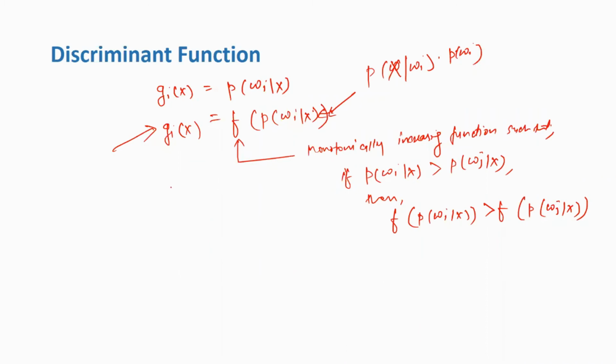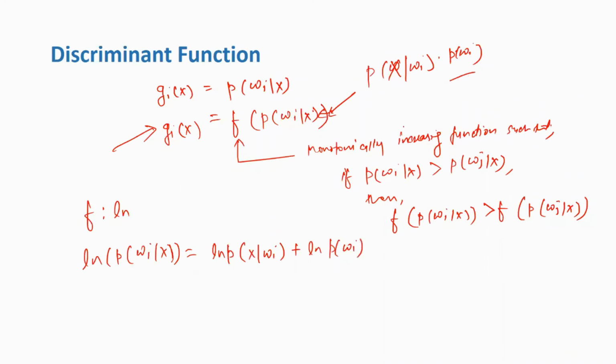Okay, now we'll simplify this. We'll convert this function again. Suppose for this f, I am applying the log function. So ln of the probability of omega i given x equals ln of the probability of x given omega i, correct, plus ln of p of omega i.